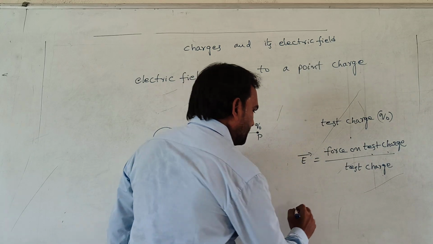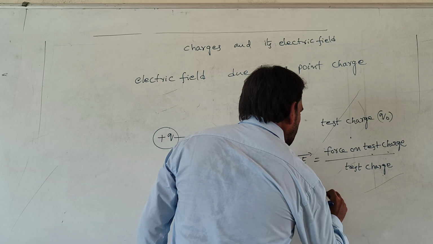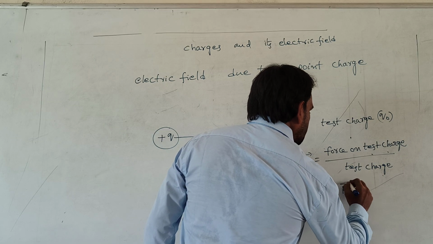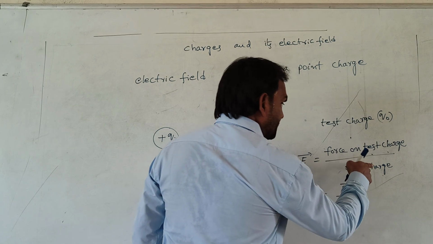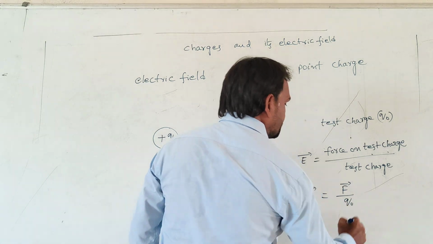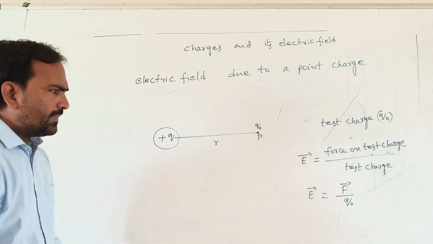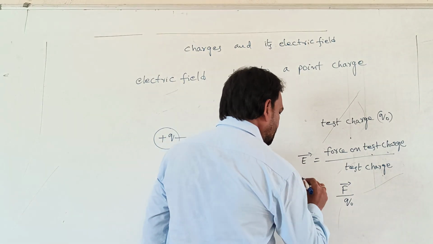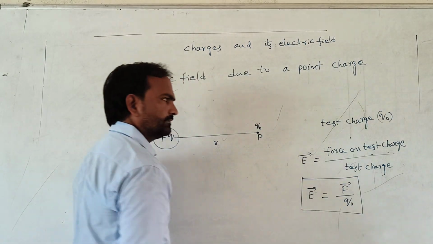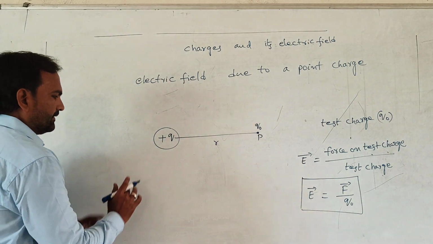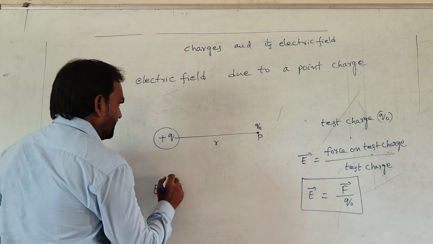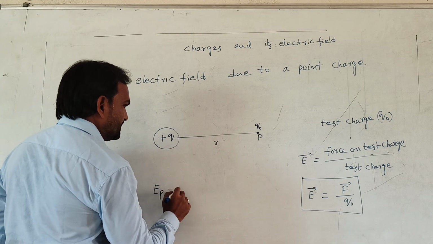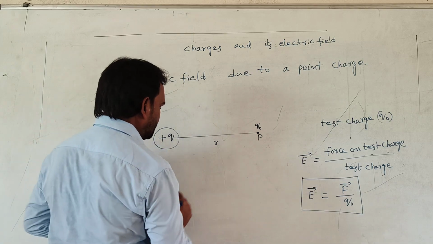So generally the electric field E is equal to the force on the test charge divided by the test charge, F by Q naught. So E, the electric field at this point P, is equal to the force between these two charges.